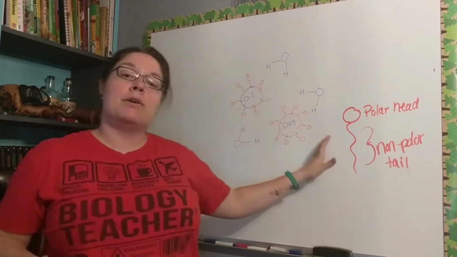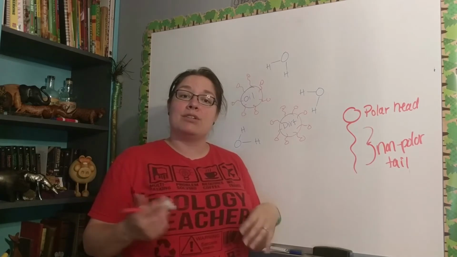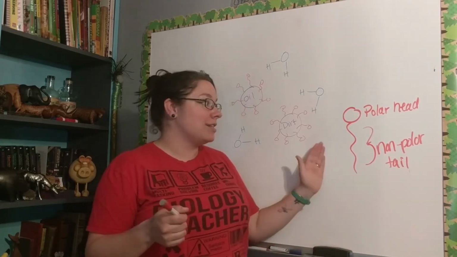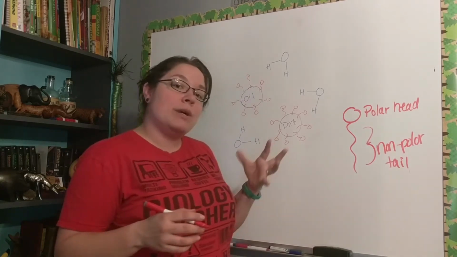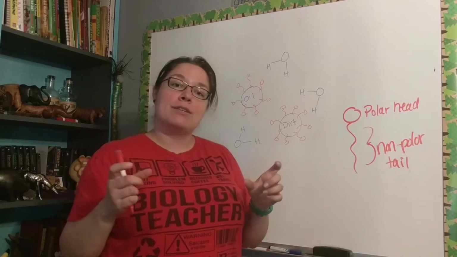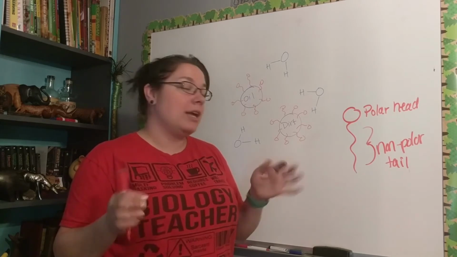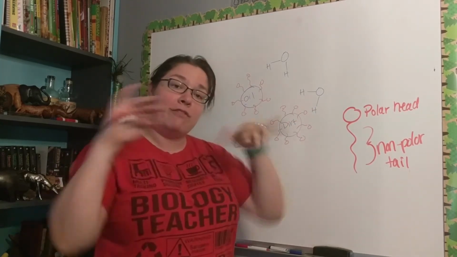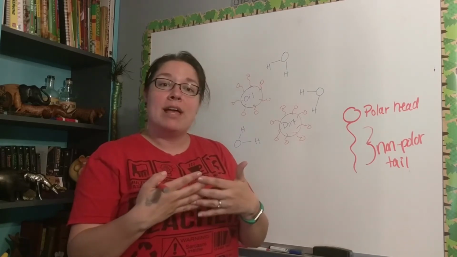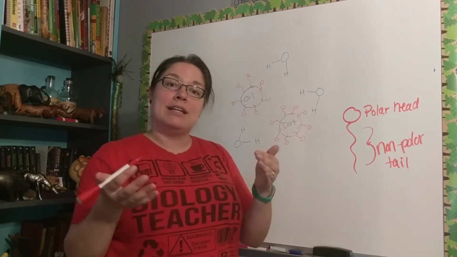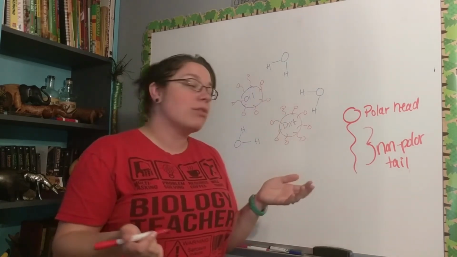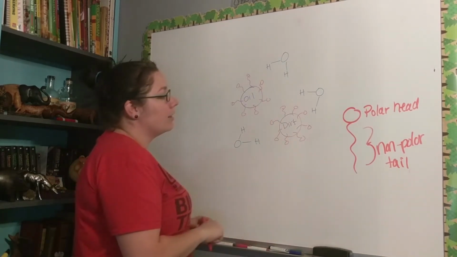This is similar to the phospholipids in your cells that make up your phospholipid bilayer, so make sure you pay attention to that. They work very similarly. In your body, when your cell membranes are forming, the nonpolar tails, which are hydrophobic, are going to flip to the inside, away from the outside and the inside of the cell, and the heads are going to be interacting with the water. The same thing is occurring here with soap.